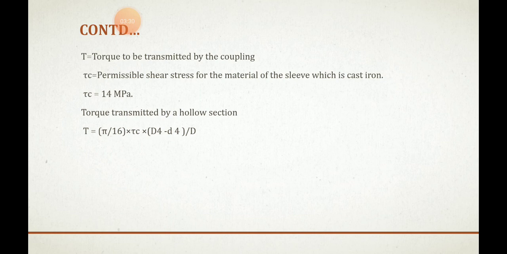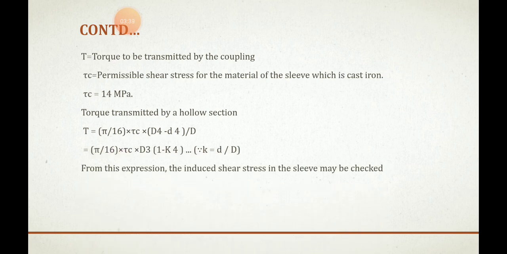The torque transmitted by the hollow section is given by pi by 16 tau c into D raised to 4 minus d raised to 4 by D, which we have already seen.